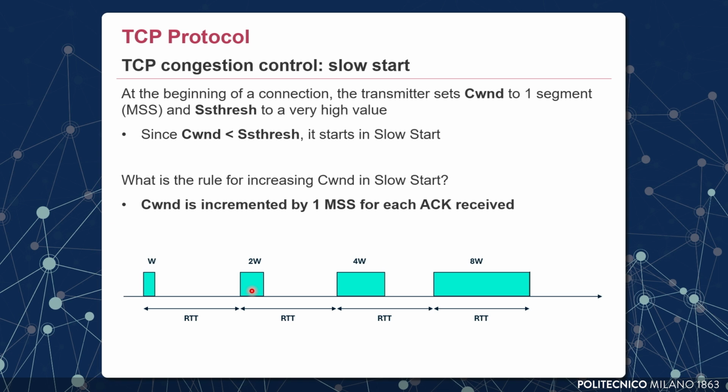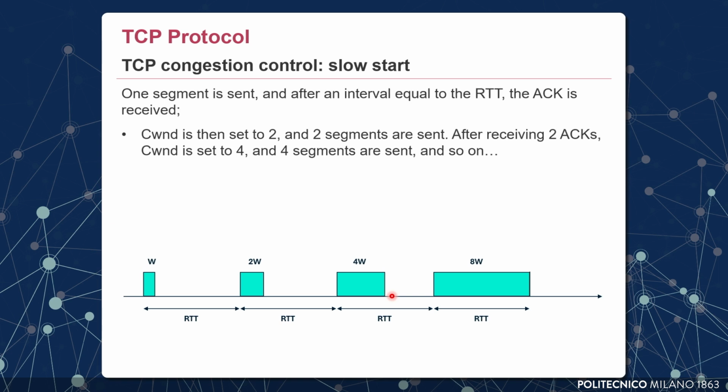In the same way, once the congestion window is equal to 2 MSSs, which in this case we have denoted as 2W, then in the next step, for each of the MSSs that it sends, if it receives an acknowledgement message for each of them, then the value of the congestion window will be doubled and equal to 4. The same thing is also said here.